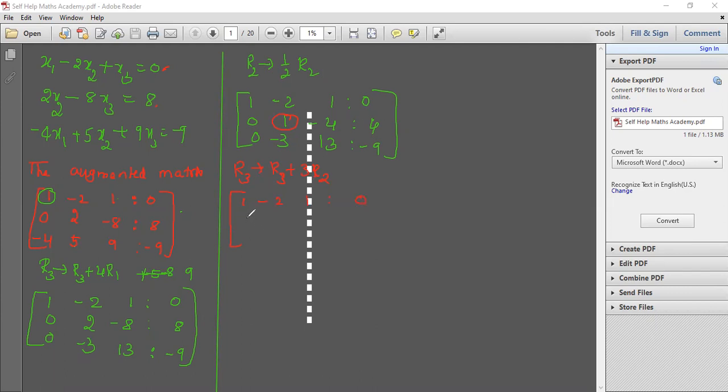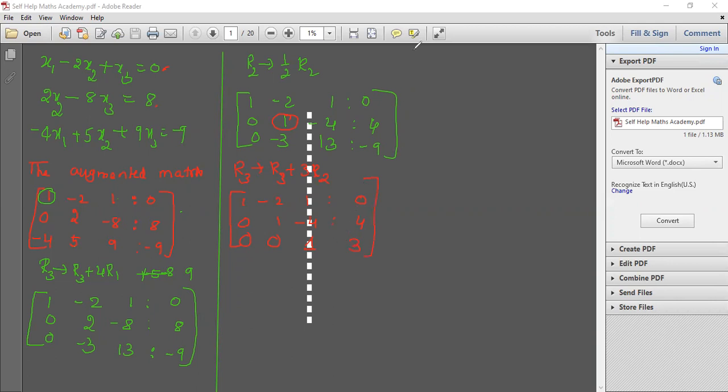First row as it is, this is 0, 1, minus 4, 4, R3, this is 0, minus 3 plus 3, it is 0. Here you are having 13, minus 12, 3 4s are minus 12. So 13 plus minus 12 will be just 1. And here you can see, it is minus 9 plus 12. So again it is 3 here.